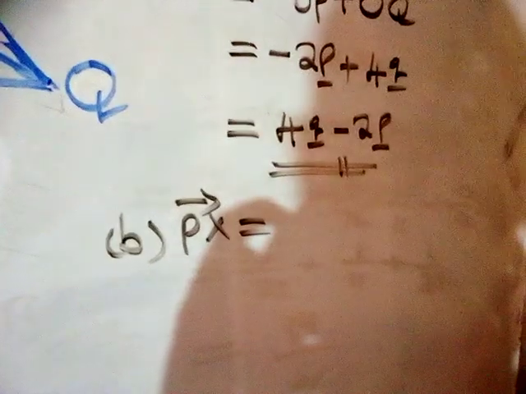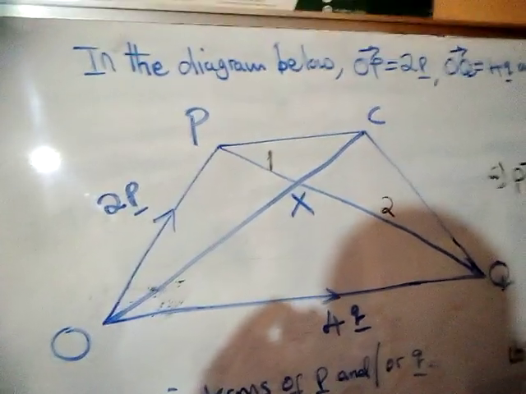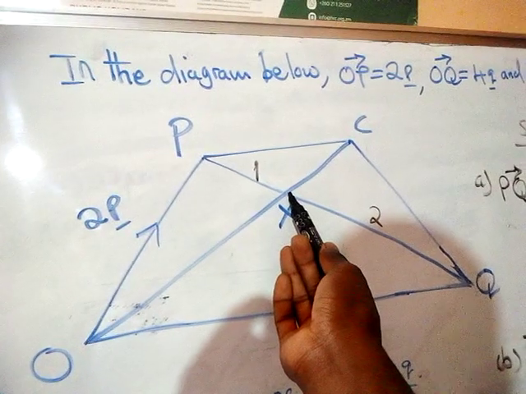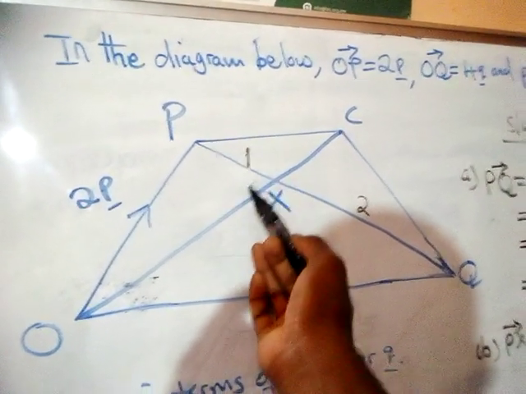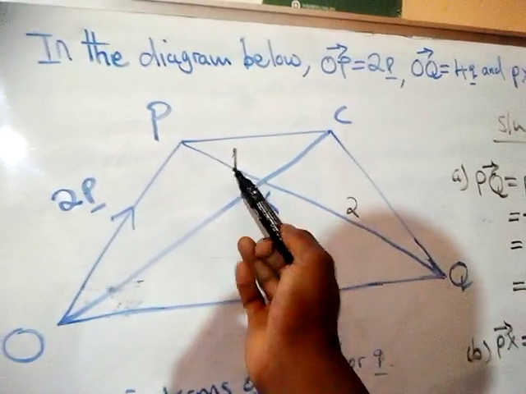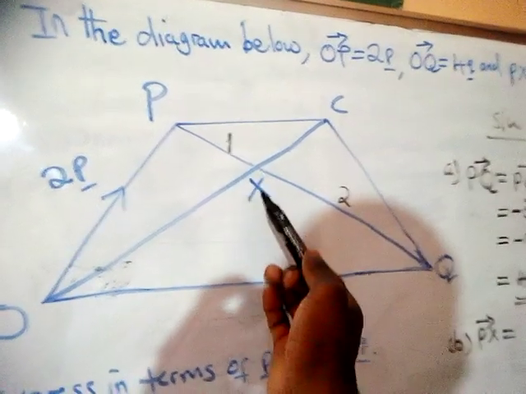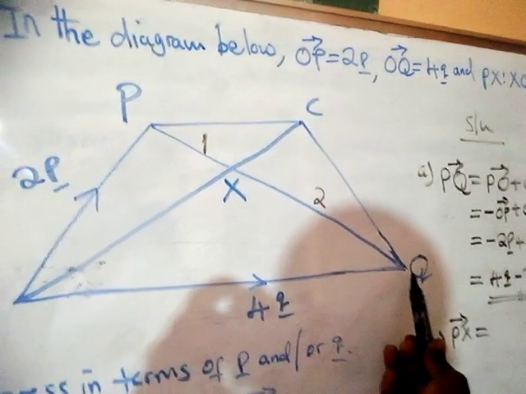Part B requires us to find vector PX. Let's check vector PX. From P to X, how do we move? Remember, PX is in the ratio 1 out of the entire line. That will be 1 plus 2, which is 3. So it will be 1/3 of the line PQ. Okay, that's the expression.